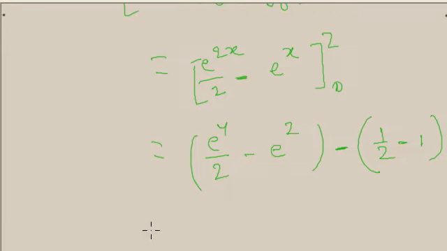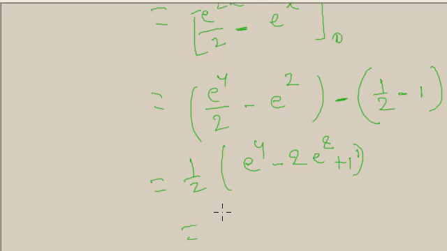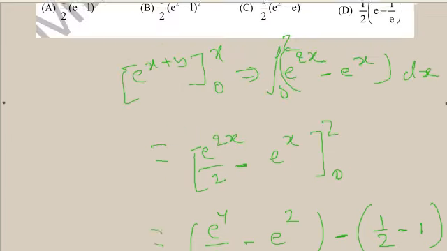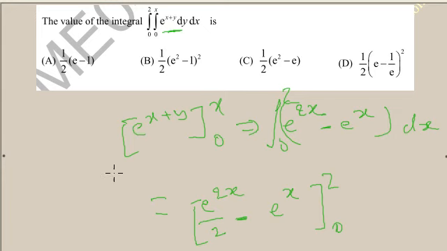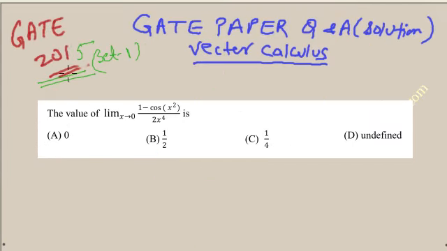So this is equal to 1 by 2 into e to the power 4 minus 2e square plus 1. This is equal to 1 by 2 into (e square minus 1) whole square. So this is the answer. The answer is B, 1 by 2 (e square minus 1) whole square. This is the 2015 question.